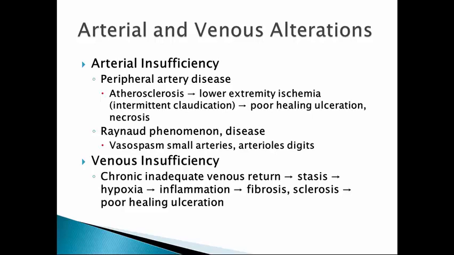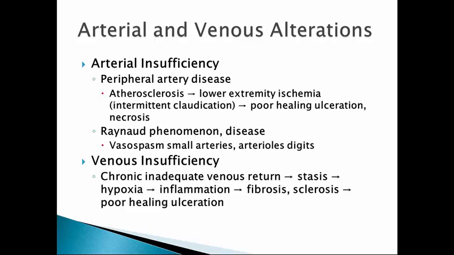The last thing we'll talk about in this section are the arterial and venous peripheral alterations. When we look at arterial insufficiency, we most commonly just call this peripheral artery disease, or PAD. The majority of individuals with peripheral artery disease have the underlying pathology of atherosclerosis.